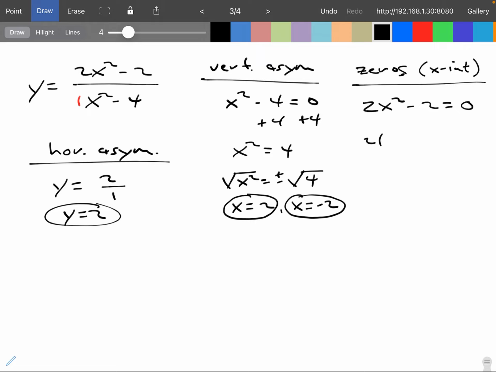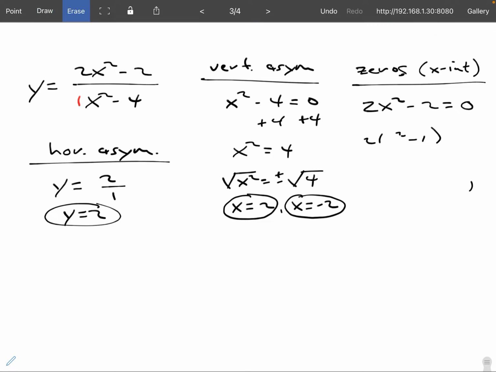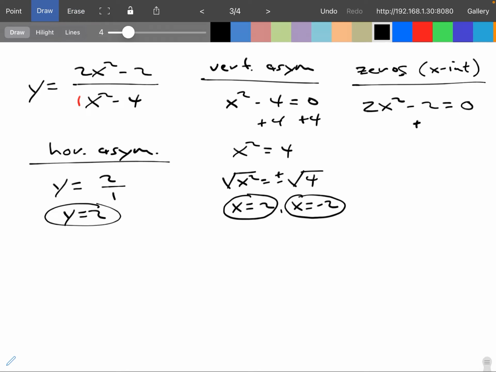Now, we could actually solve this one by factoring it. You know what I mean? We could pull out a 2, and then we'd have x squared minus 1. And then the x squared minus 1 would break down into x plus 1 times x minus 1. And then we'd set all the factors equal to 0. So we could do that. But I think this one I'm going to go the other way. So I'm going to solve for x by adding 2 to both sides. That gives me 2x squared equals 2.